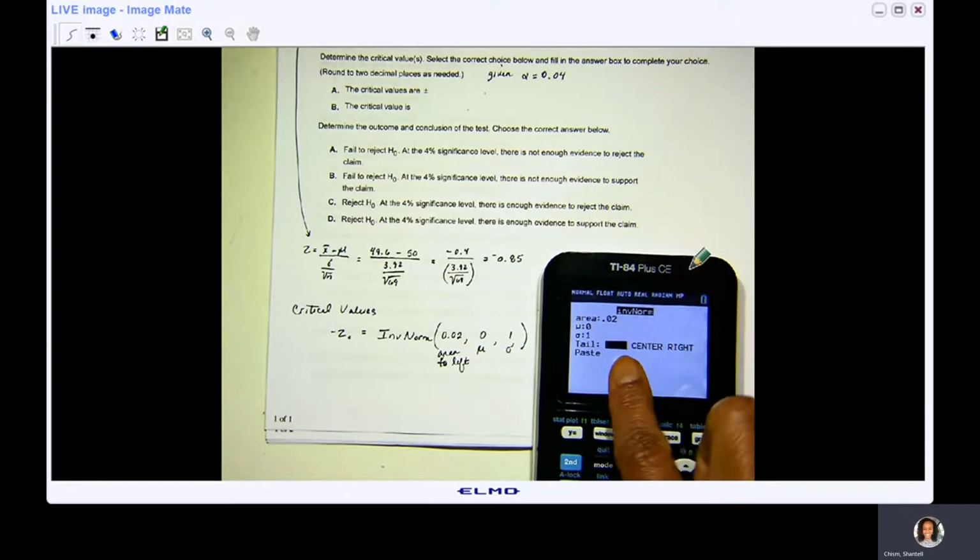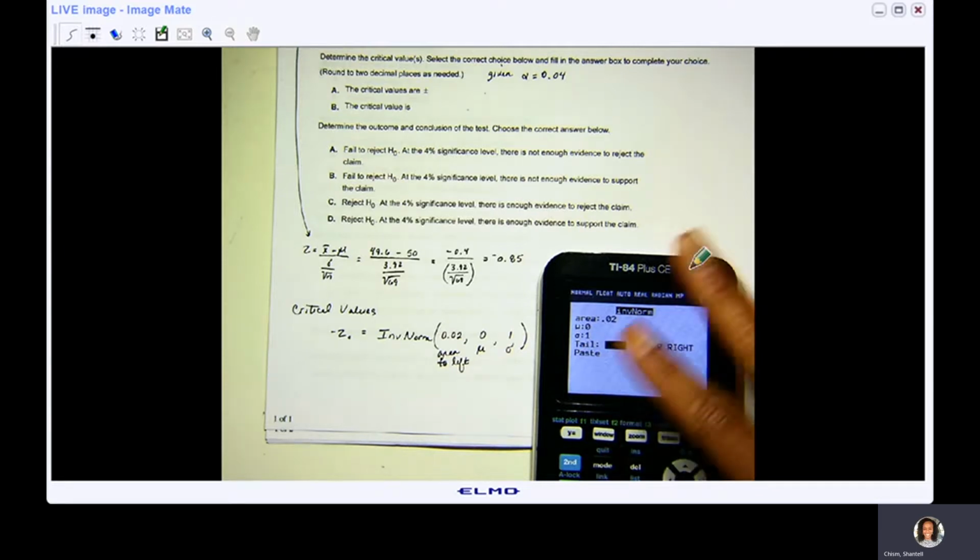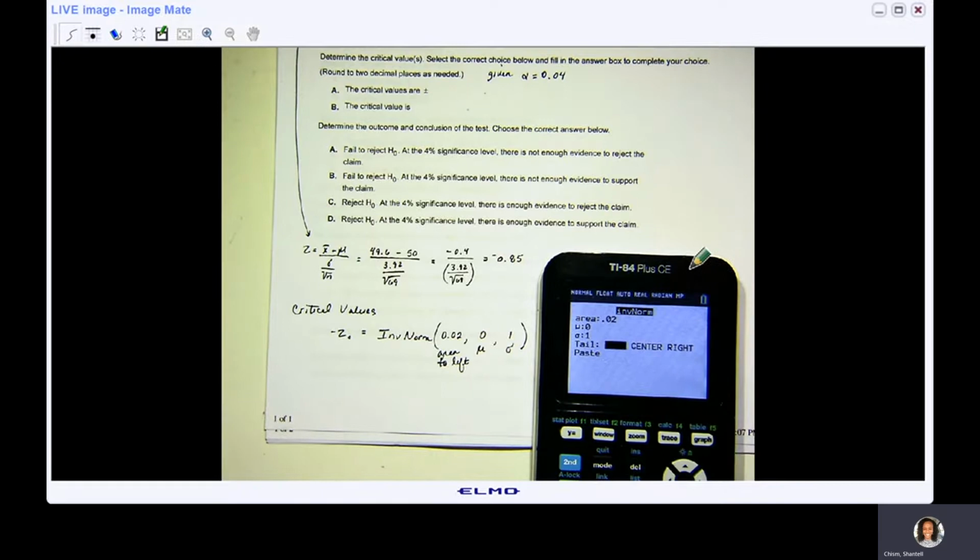Remember, if you don't have a TI-84 color edition, you don't have this option right here to state whether it's left, center, or right. Yours will by default be left. I'm never going to change this on mine since all of our calculators are not CE, the color edition.